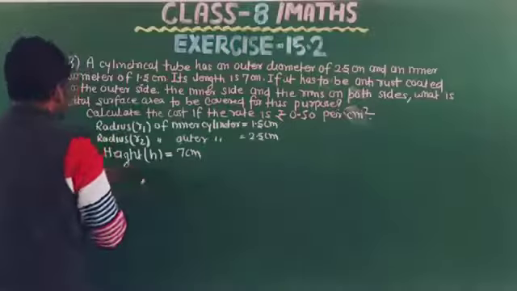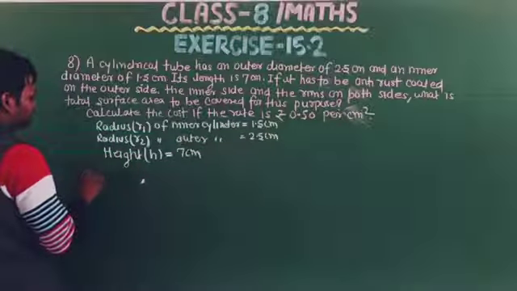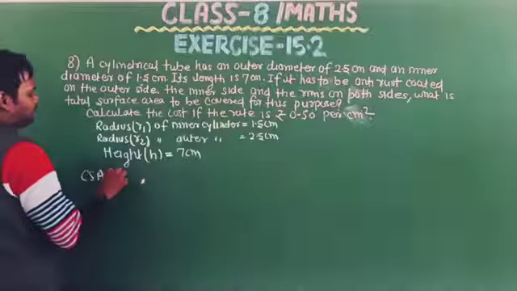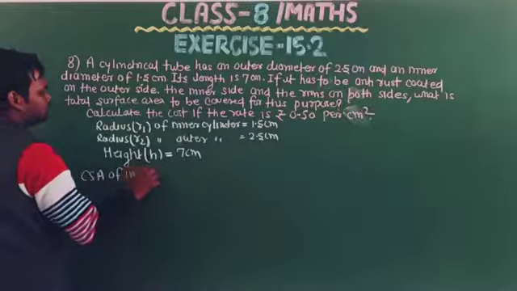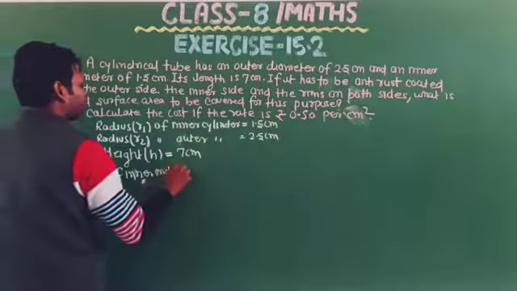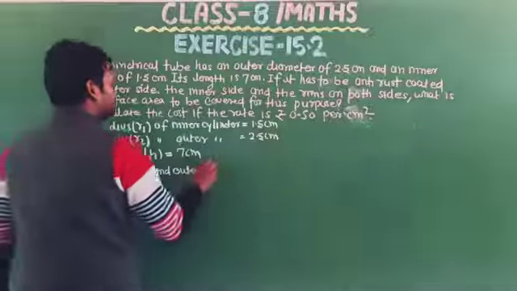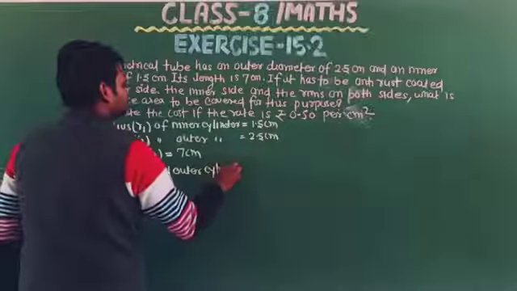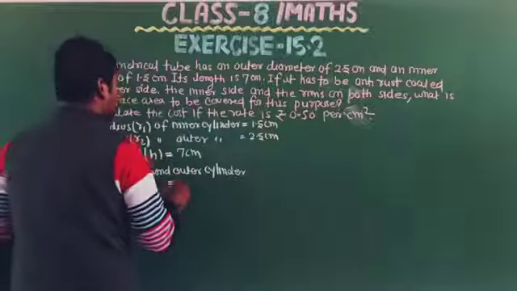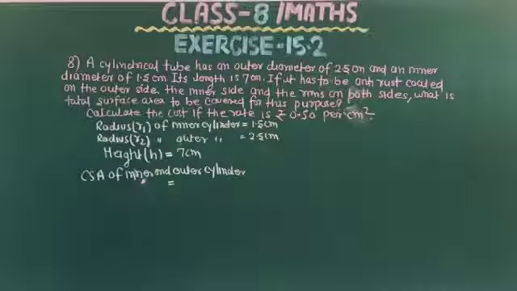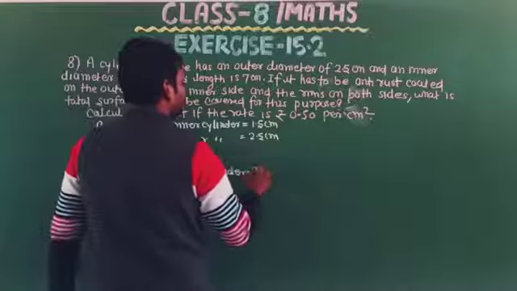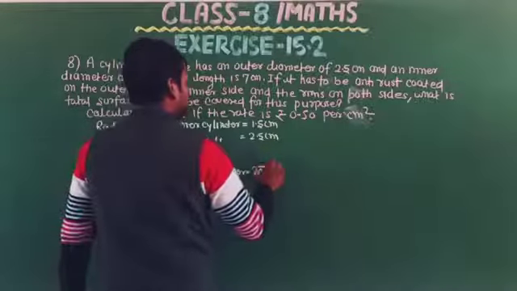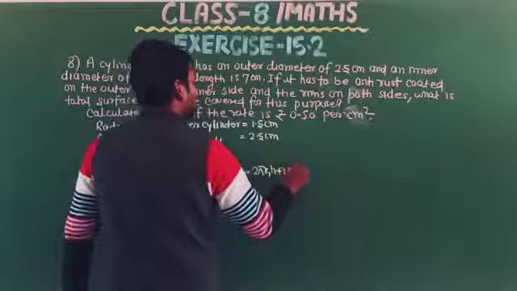So the curved surface area of the inner and outer cylinder is equal to 2 pi r1 h plus 2 pi r2 h.